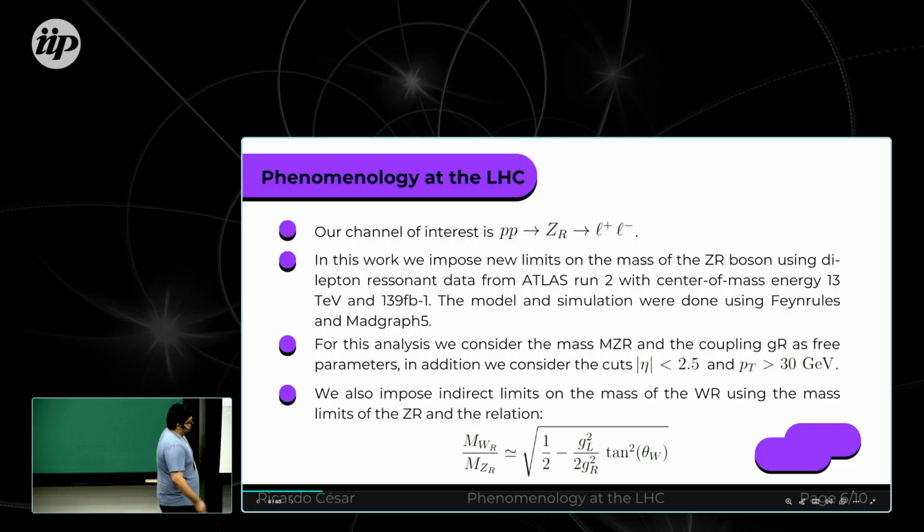But I'm going to show you that the limits on the ZR mass are also important because the channel is cleaner, we have dilepton data, and because the region of the parameter space for the WR mass can be improved using the limits we found for the ZR mass.